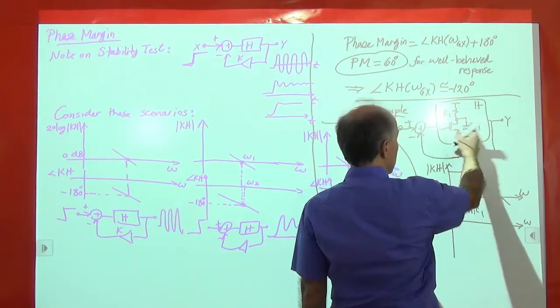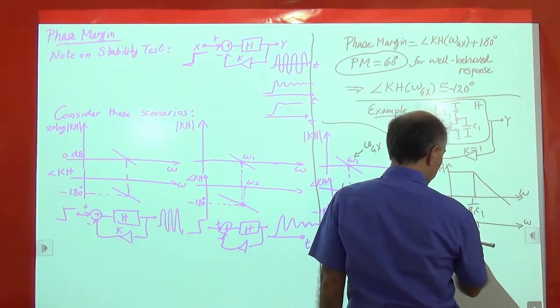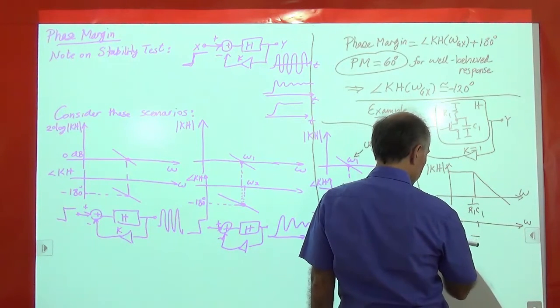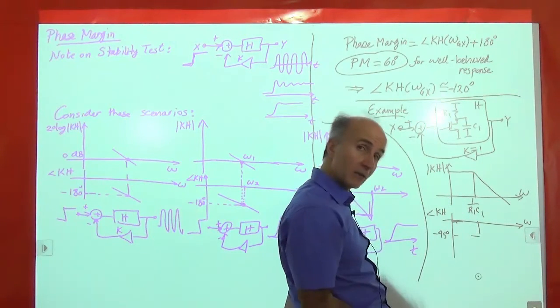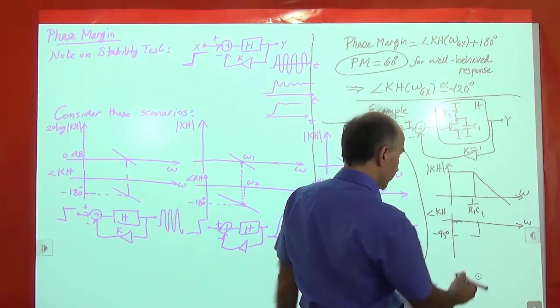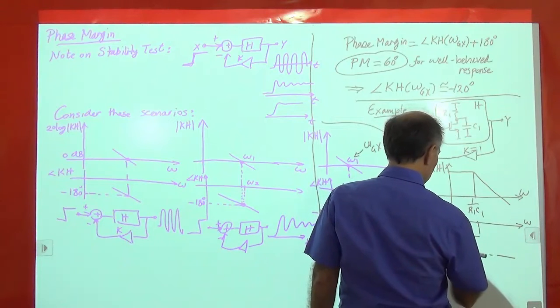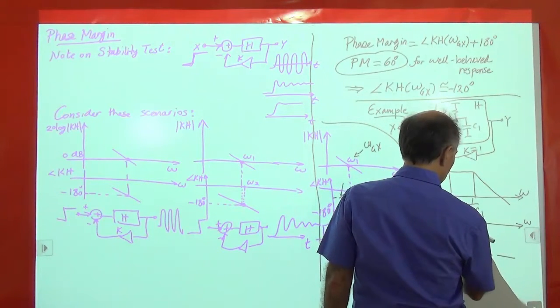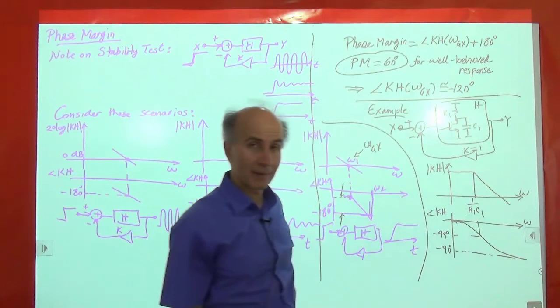At low frequencies, there's no phase shift. And at the pole frequency, it's minus 45. And at 10 times the pole frequency, it's approximately minus 90. So minus 90 degrees. So it goes like this, and it asymptotically approaches minus 90 degrees.